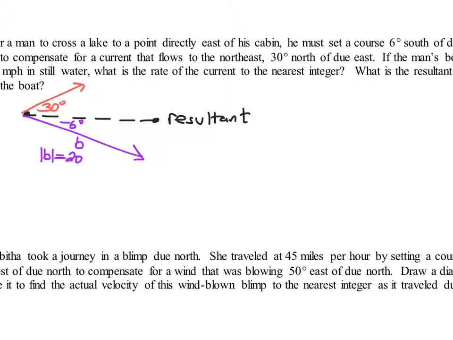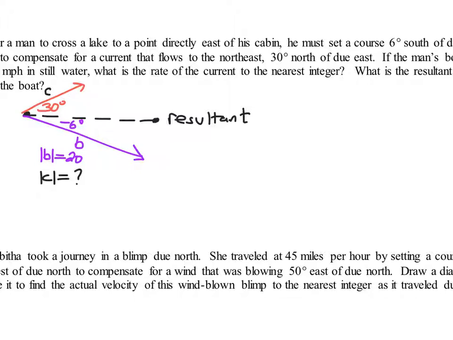Now, we need to know the rate of the current. We'll call that vector C for current. And the magnitude of C is completely unknown, so we'll have to figure that out. And then we also need to know the resultant vector.